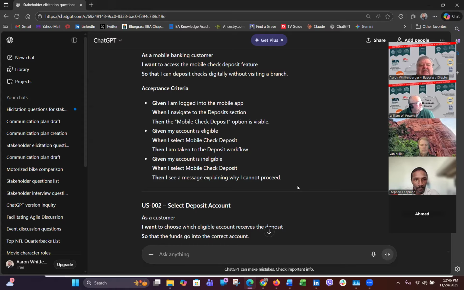Given my account is eligible, when I select the mobile check deposit, I am taken to the deposit workflow. Given my account is ineligible, when I select a mobile check deposit, then I see a message explaining why I cannot proceed. All look very good to me.